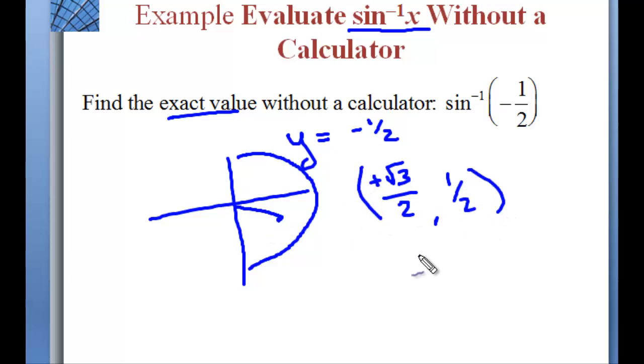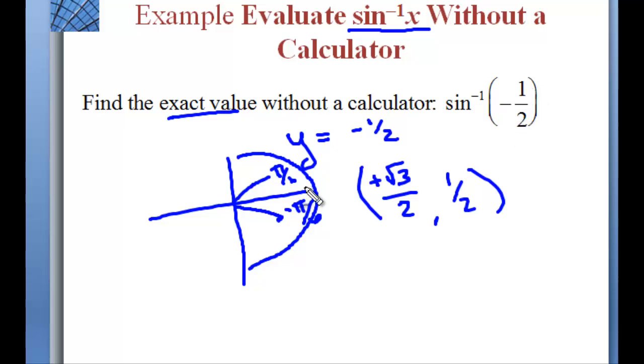And so we could look at it a couple different ways. We can look at it from a triangle, or we can look at it from the unit circle. And if we look at it from the unit circle, y is going to be 1/2 at pi over 6, or in this case, negative pi over 6.